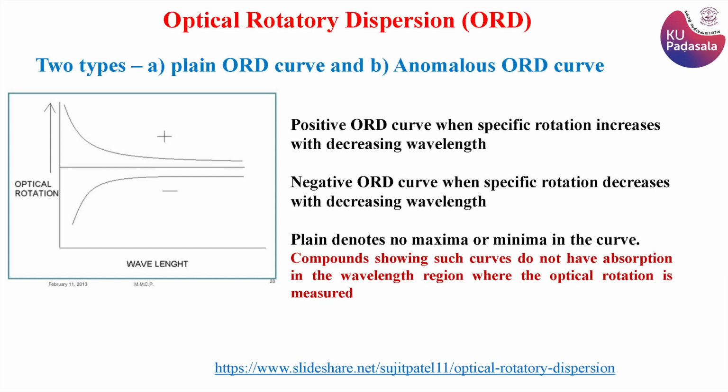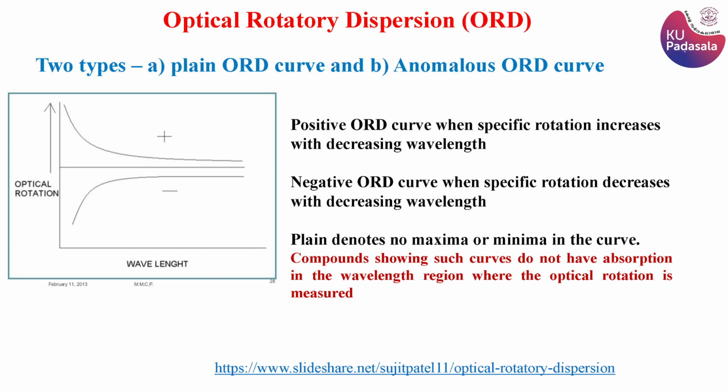The rotation is plotted against the wavelength. The plain ORD curve itself can be either positive or negative. A positive ORD curve means that as you decrease the wavelength, the rotation increases, and a negative ORD curve means that as you decrease the wavelength, the rotation also decreases.